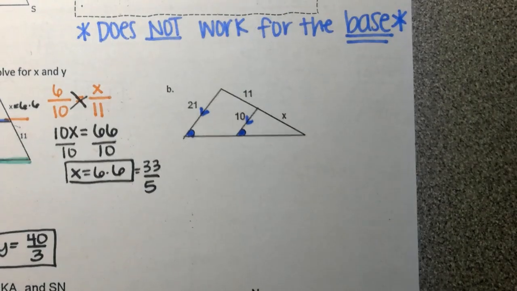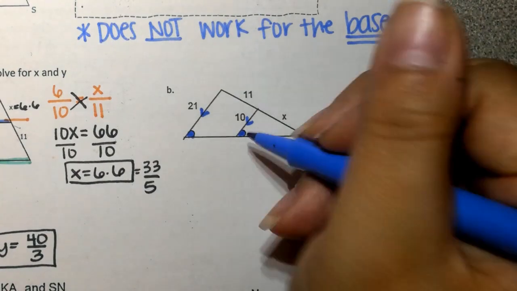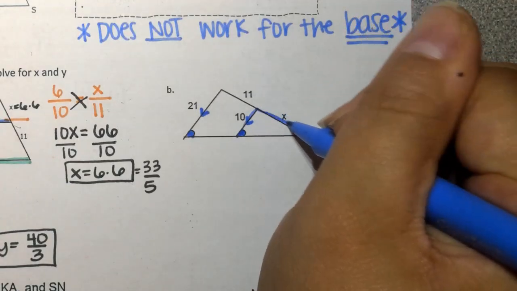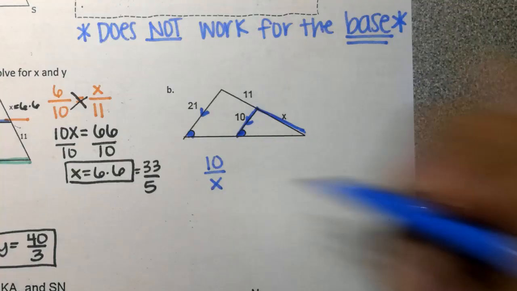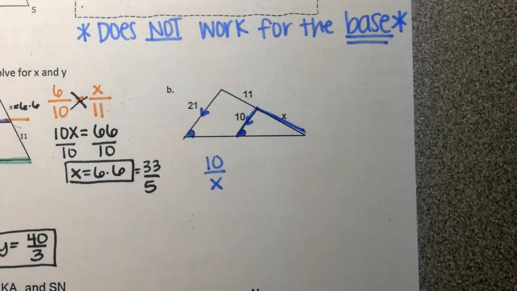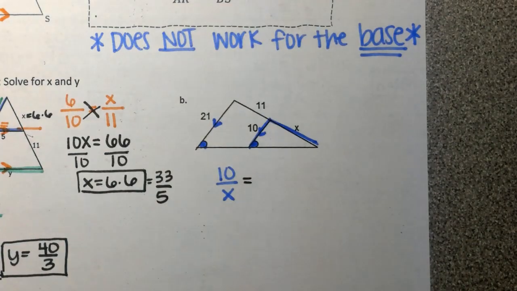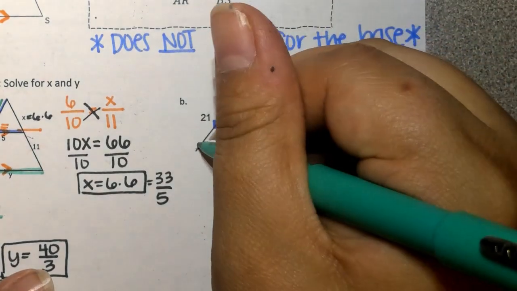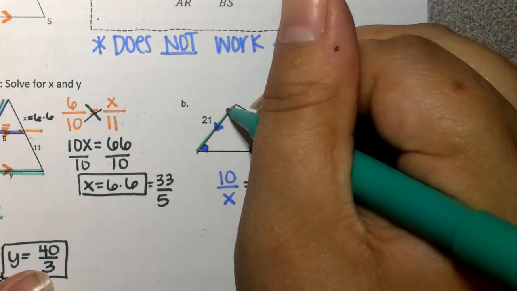So what am I going to have to do? The small with the small. So I'm going to do 10 over x equals, what is the big with the big? 21 over what?